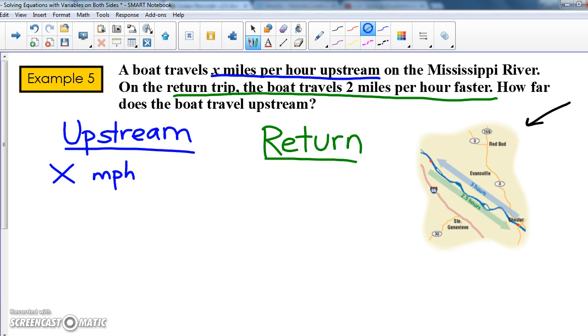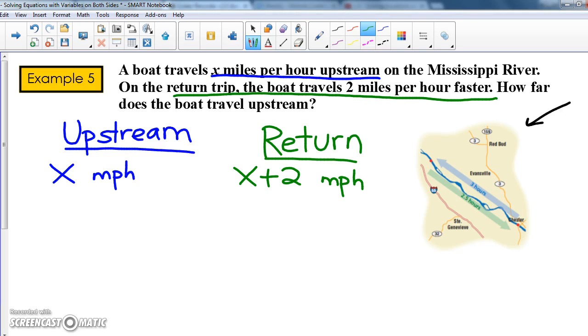Well, think about it. If the upstream were like 10, and the return is 2 faster than 10, what is 2 miles per hour faster than 10 miles per hour? That would give you 12, right? Because 2 faster, you add the 2. Well, it's the same thing. If I'm already going x miles per hour and I want to go 2 miles per hour faster, I'm going x plus 2 miles per hour.